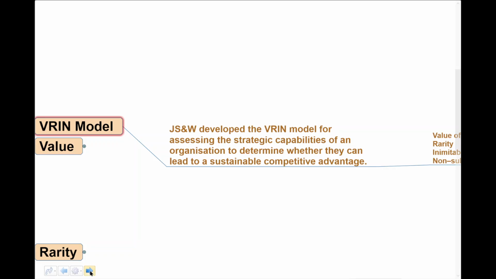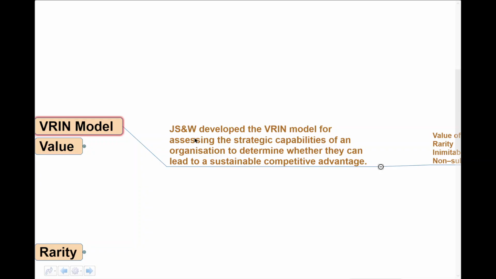Let's talk a little bit about the VRIN model put forward by JSW. Now, bringing this together in terms of what we've been discussing up top, we've talked about resources and indeed competencies, and we've talked about how important it is to differentiate or to have things, abilities, assets, etc., that others don't have. So the VRIN model is right on point here.